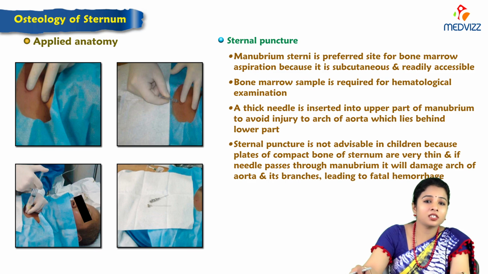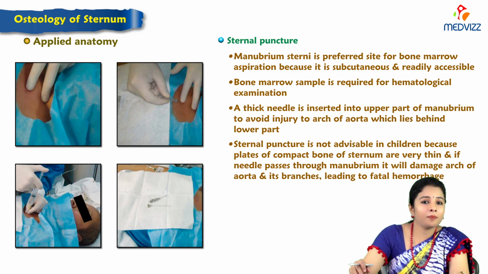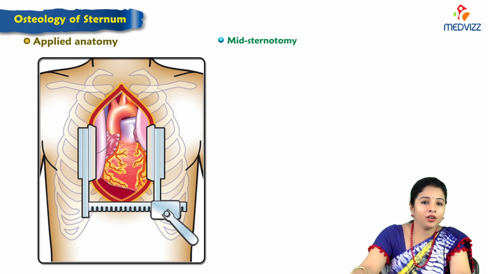Sternal puncture is not advisable in children because in them the plates of compact bone of the sternum are very thin, and if the needle passes through the manubrium, it will damage the arch of aorta and its branches, leading to fatal hemorrhage.